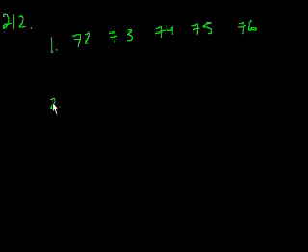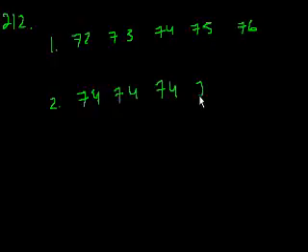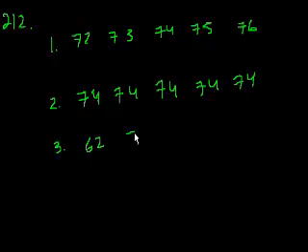Set 2 is 74, it just says 74 a bunch of times. And then set 3 has 62, then 74, 74, 74, and then 89.